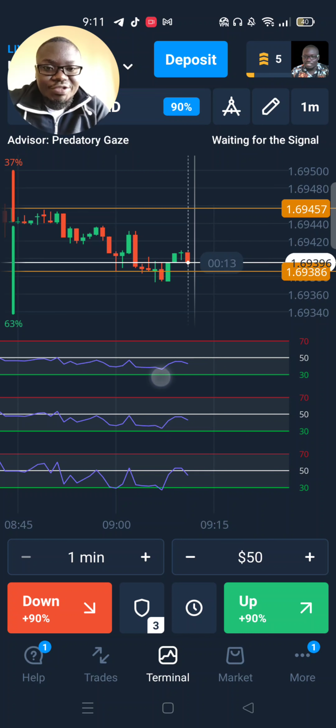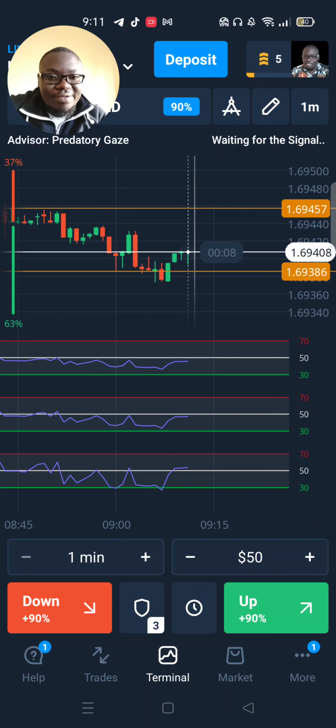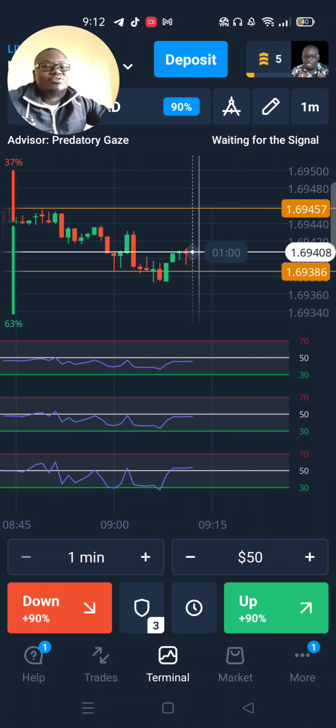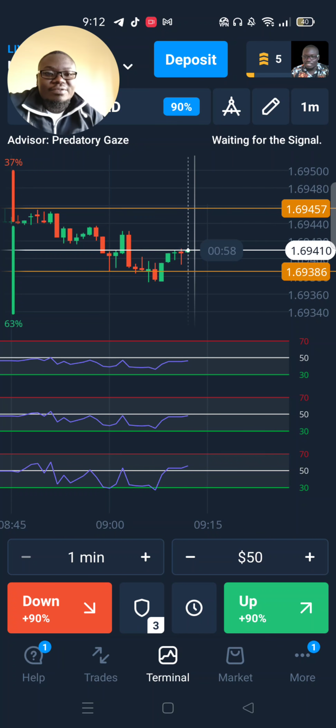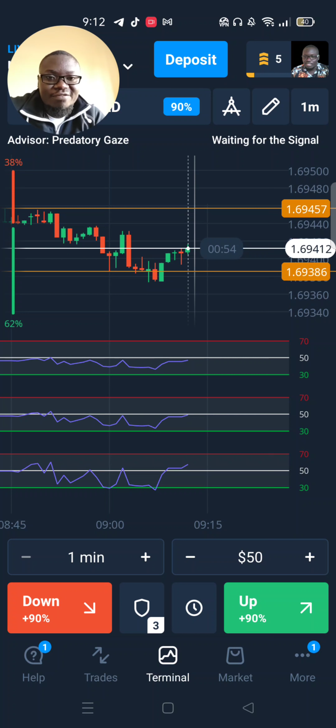It didn't quite reach, but it went back anyway. So the opposite of the oversold zone is the overbought zone, that is the 70 level. You'll notice that when prices go above the 70 level, they'll tend to go back down, trying to consolidate whatever is happening.